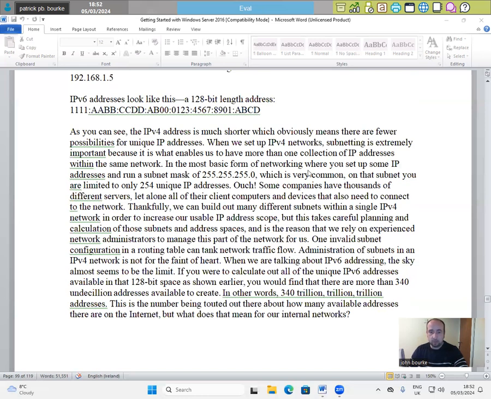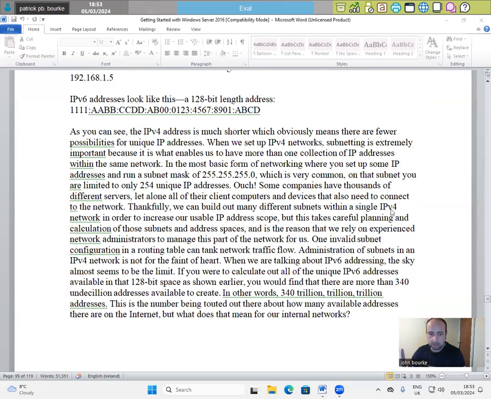In the most basic form of networking, where you set up some IP addresses and run a subnet mask of 255.255.255.0, which is very common, on that subnet you are limited to only 254 unique IP addresses. Some companies have thousands of different servers, let alone all of the client computers and devices that also need to connect to the network.